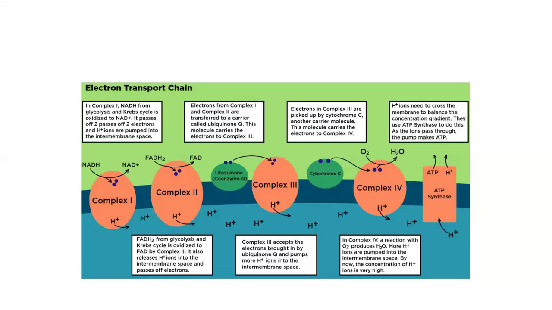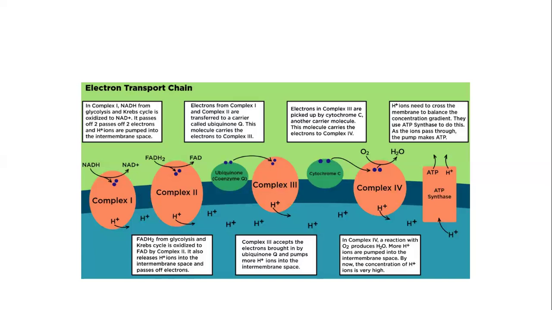The gradient that is then produced is the one that is going to produce ATP. There's a process called chemiosmosis. I think you remember that from chemistry, where hydrogen ions move selectively across a membrane, creating that gradient, right? So you produce three ATP molecules from a single NADH molecule.